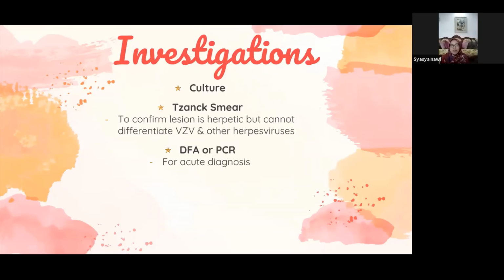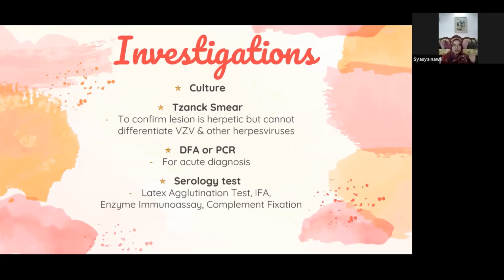Then we have direct fluorescent antibody or polymerase chain reaction, which is basically for the acute diagnosis, and we have serology tests like latex agglutination test, immunofluorescent antibody, enzyme immunoassay, and also complement fixation. Lastly, we can also do a chest X-ray, basically for pneumonia. Okay, next.